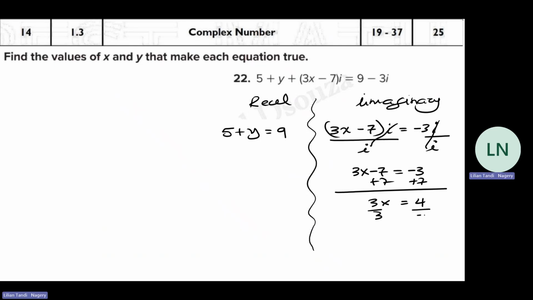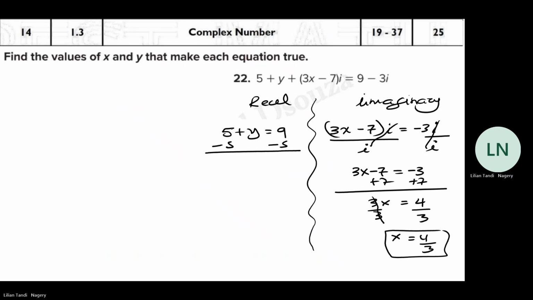Divide by 3, x is 4/3. Box your answer. Subtract 5, subtract 5. This goes away. y equals 4. That's your answer.